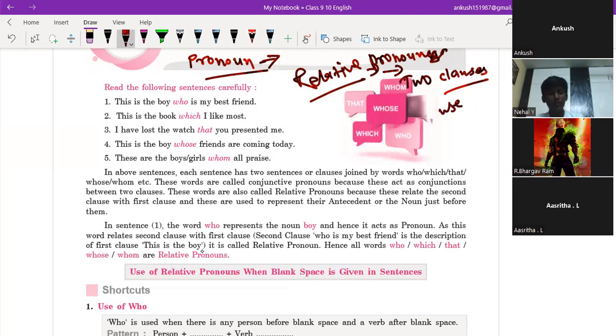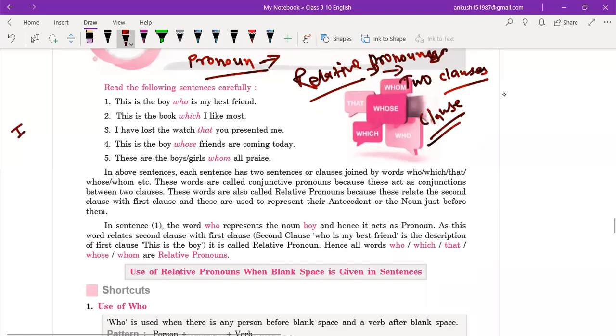Sir, joining two words or two sentences. Sir, clause is an incomplete sentence. It is a sentence that doesn't make complete meaning. So who said this? An incomplete sentence? Arshita. Okay, Arshita.